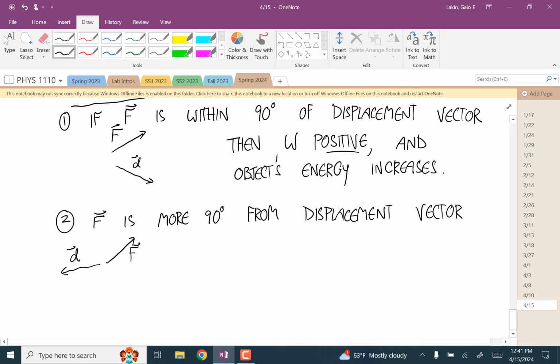If you measured those with a protractor, they're more than 90 degrees apart. Then the work is negative. And that means that the force removes energy from the object.